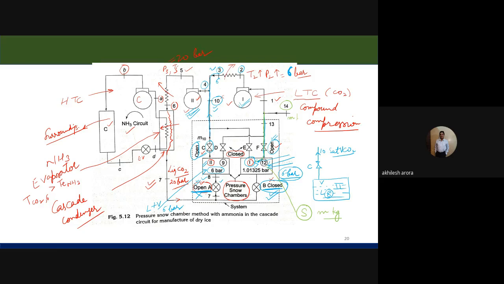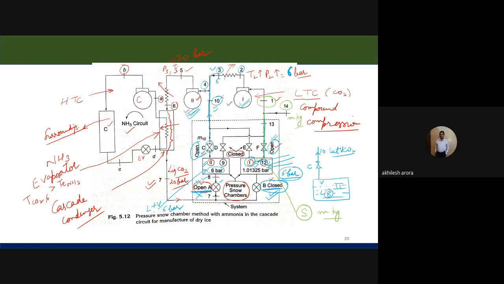So I will add the same amount of the CO2 at point number 14, so that the total refrigerant or the CO2 gas at point number 1 is equal to what is to be circulated in the system. Okay, is it clear? If it is clear, it's okay, otherwise I can explain it once again. Yes, tell me. Clear, sir.